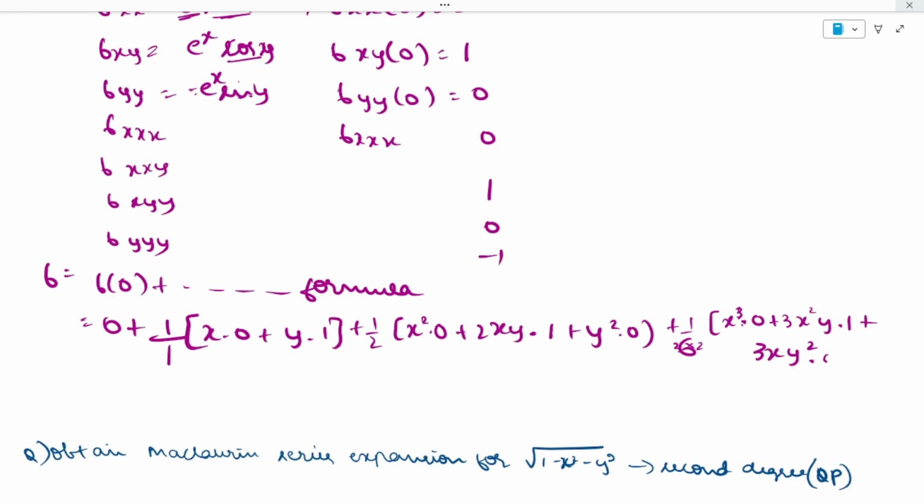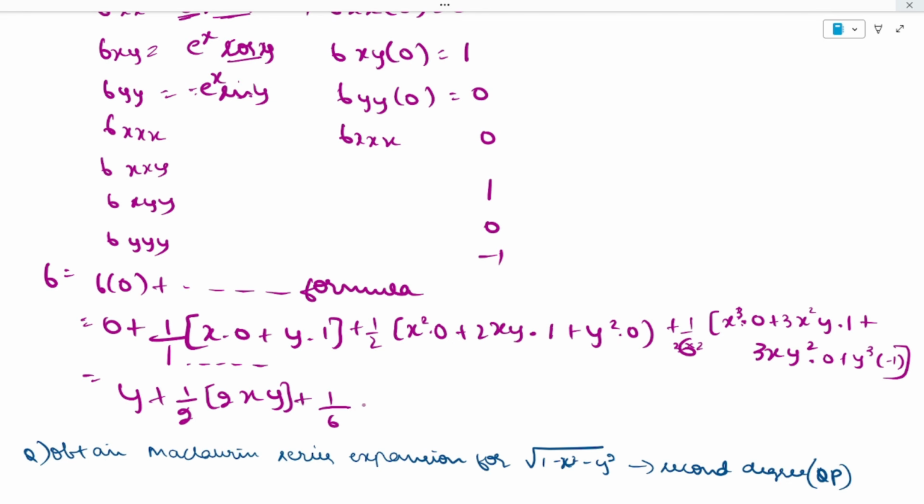You are differentiating with respect to x, y and all. x cube into minus 1. If you solve this, you will get y plus 1 divided by 2 as it is, that will be 2xy.